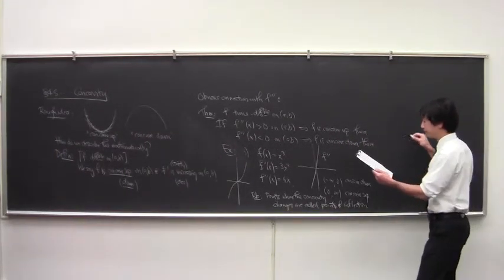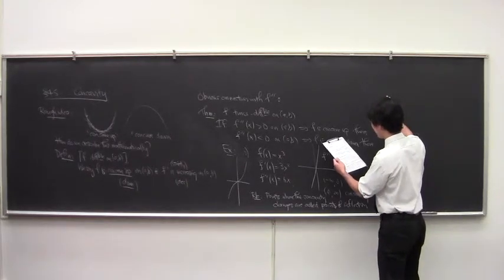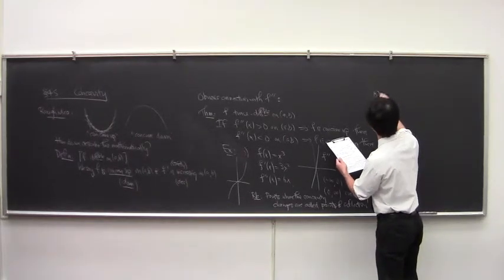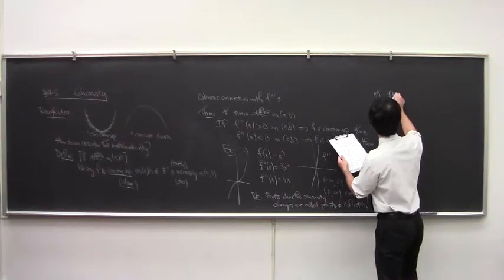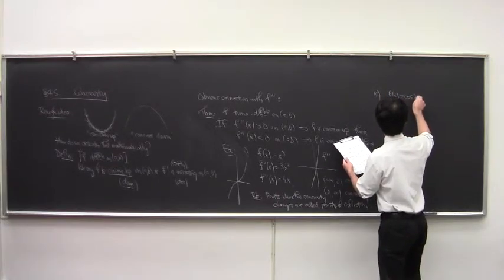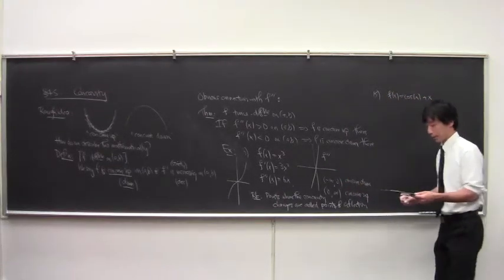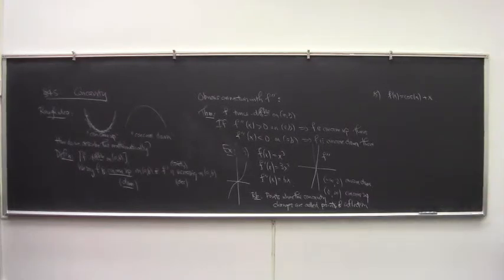Okay. Why don't you try a harder one? So here's 15. f of x is cosine x plus x. Tell me where it's concave up and where it's concave down.